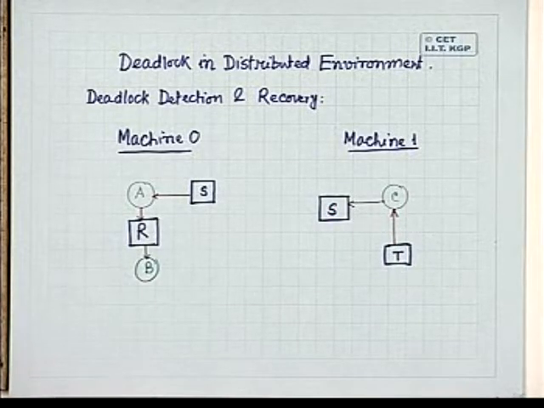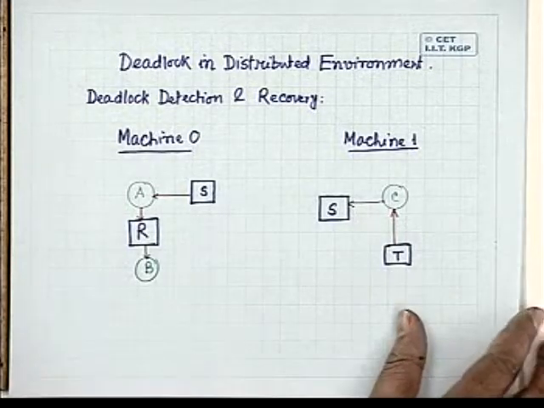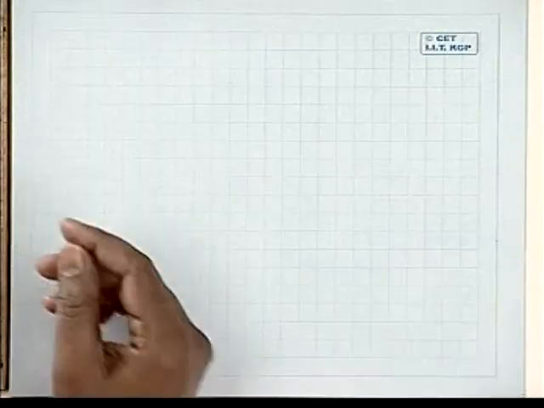Okay. With these two local resource allocation graphs, the global resource allocation graph will look like this.